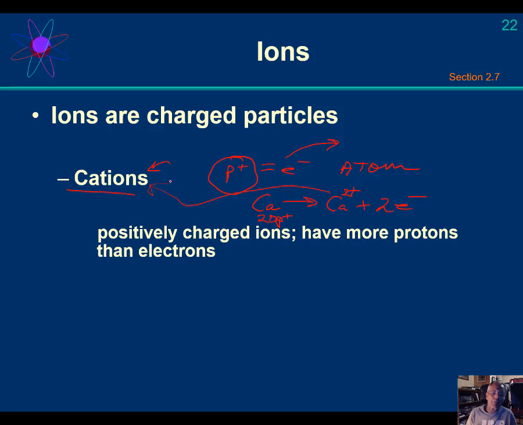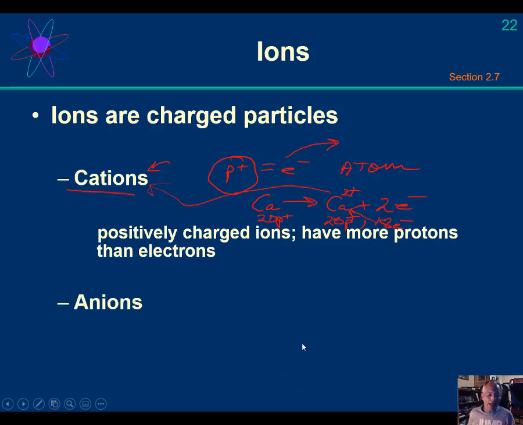It's a cation because it still has 20 protons in the nucleus. You can't change that without changing the element, but since it's given up 2 electrons, there are only 18 electrons remaining. It just has a +2 charge. It is a cation because it's given up 2 electrons.